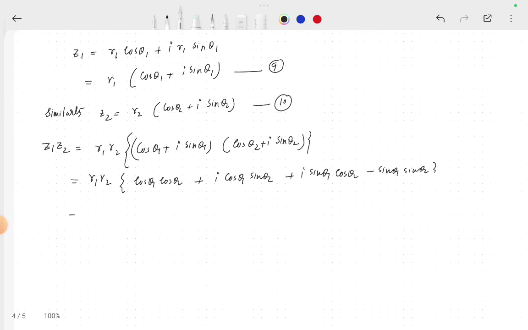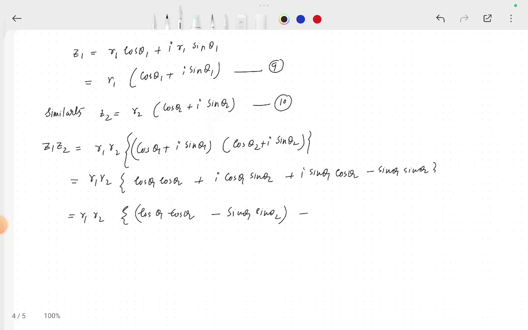Okay, so r1 r2 equals cos theta 1 cos theta 2 minus sin theta 1 sin theta 2. This is the real part.